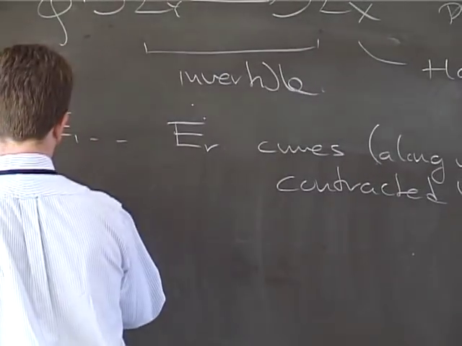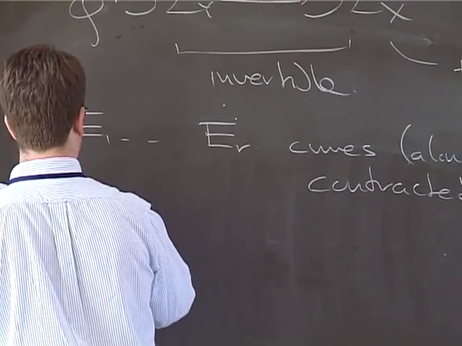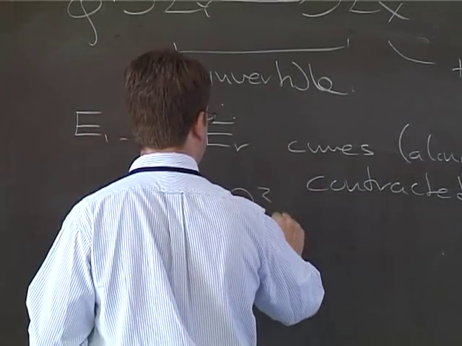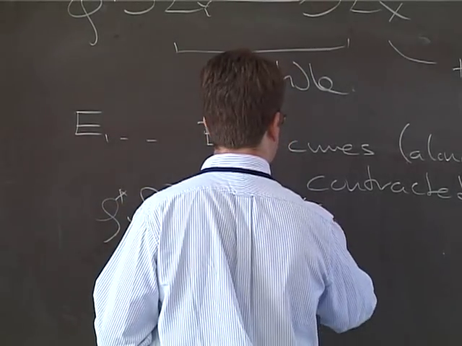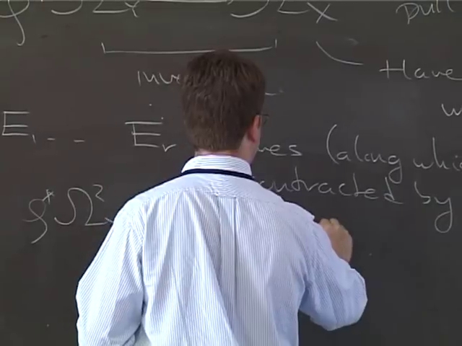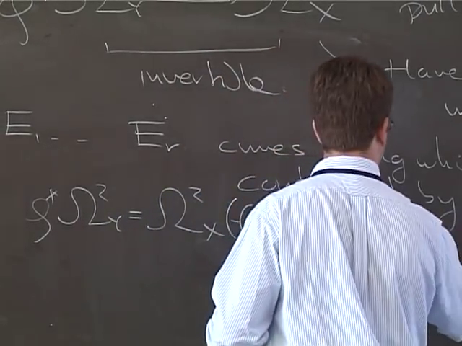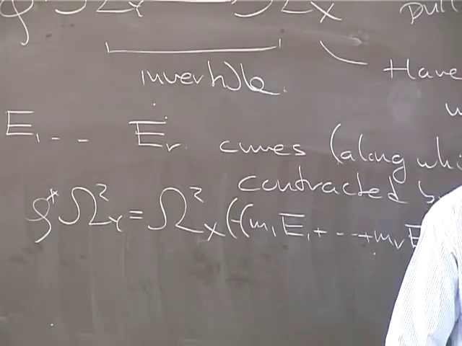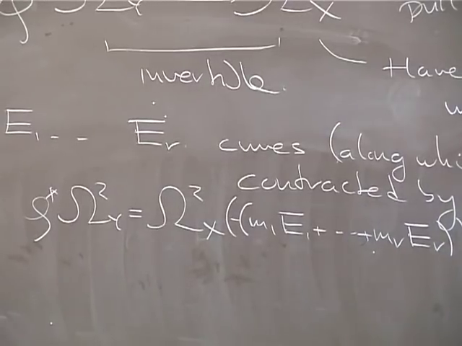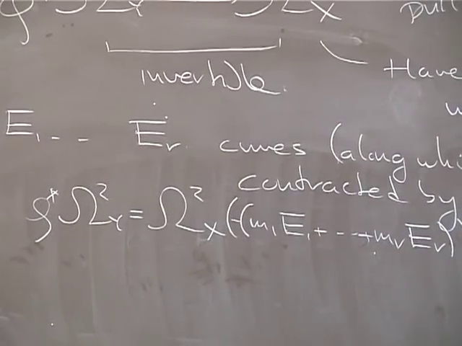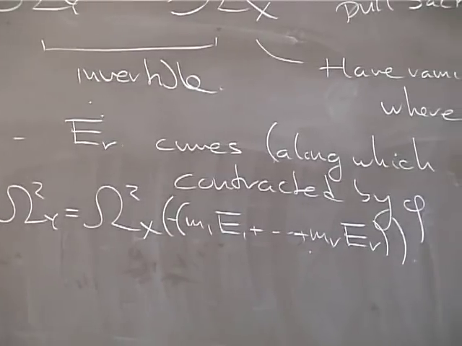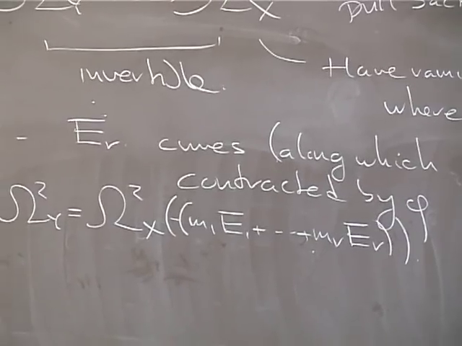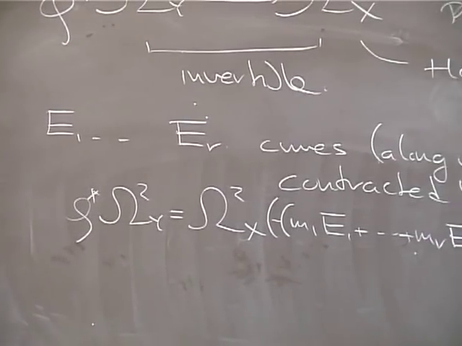Then I can write this as a sum, I hope I get the signs right here, where each one of these m_j is actually positive. The reason they have to be positive is that if not, then the map is unramified along that curve, and it really can't contract it. It can't be contracted unless some derivative is vanishing.